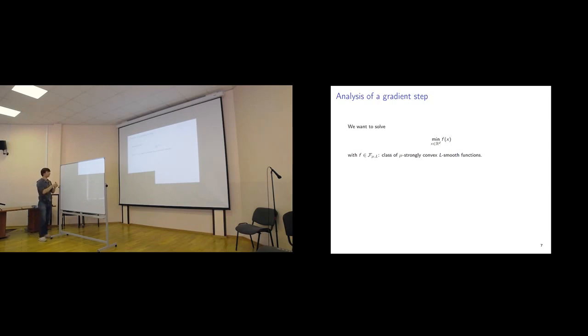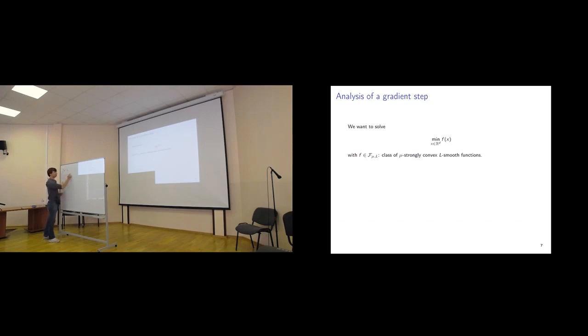If I want to obtain the best guarantee on this thing, what is the best thing I can do? Essentially, the best guarantee I can get is the solution to an optimization problem, which is like this: sup over f. Now I'm looking at the worst possible problem.